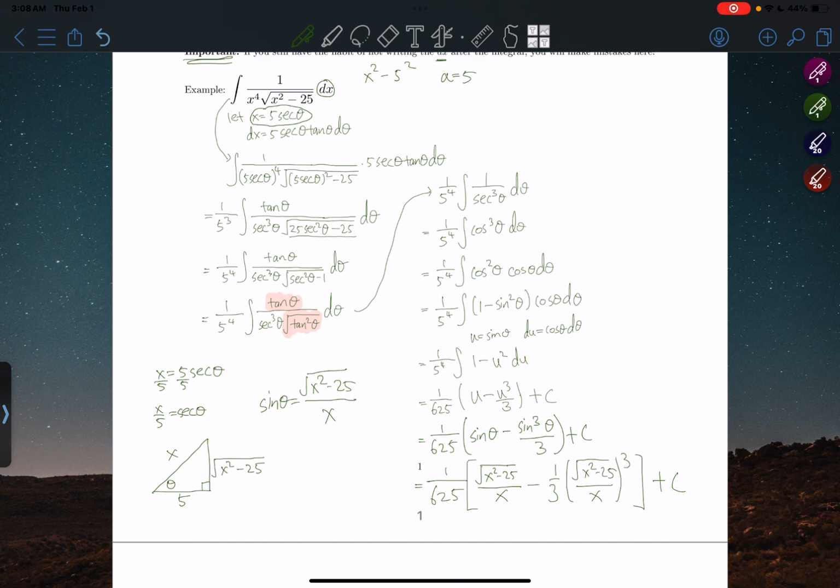Sometimes these problems are easily 2 pages long, or at least a full page, assuming you have everything spaced out carefully. You're definitely going to have a bit of writing to do for this kind of question.